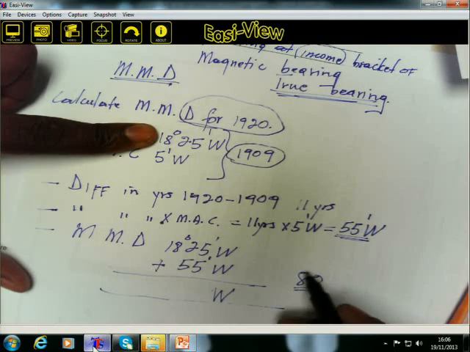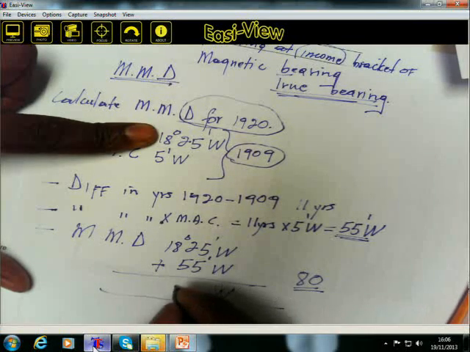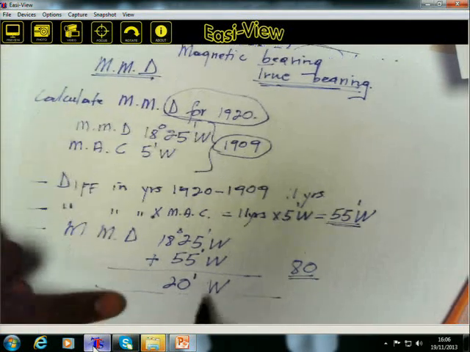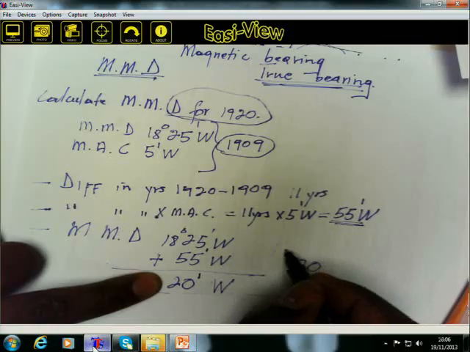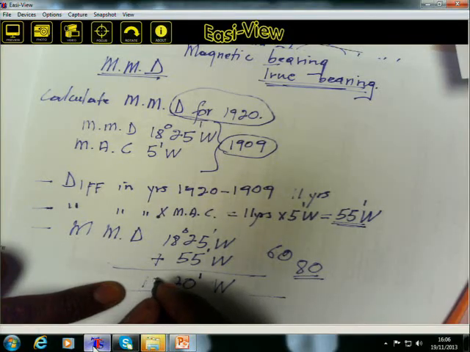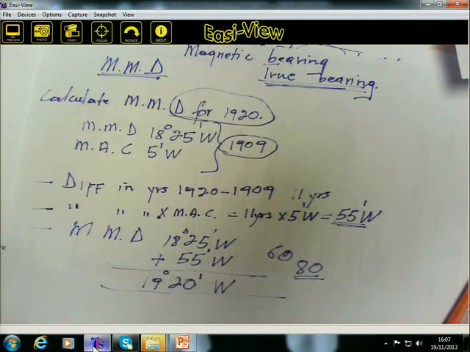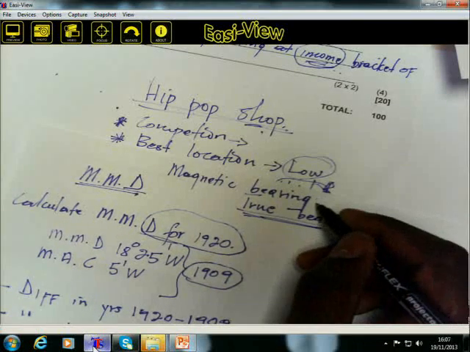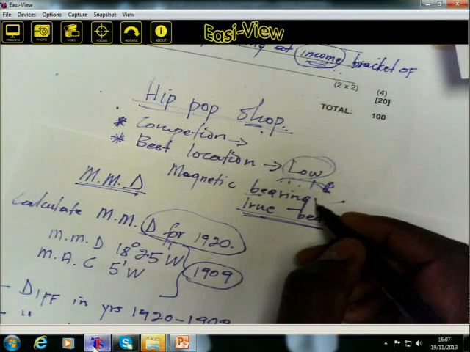Immediately you've got 80, it means you must subtract an hour from this. Now 80, if you take 60 out of it, you are left with 20 minutes west. Then that 60 that is remaining from here must now be added to the hours, then it will give you 19 degrees. If you got me correct, I want to answer this question of magnetic bearing.